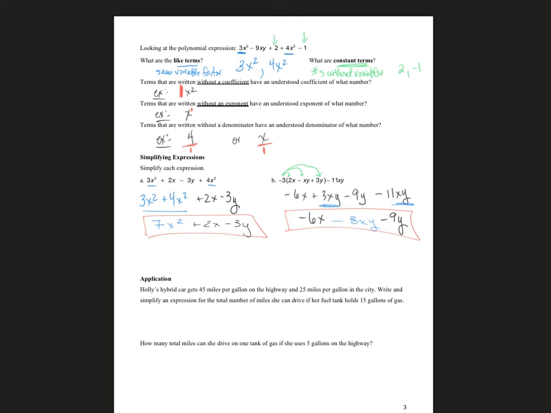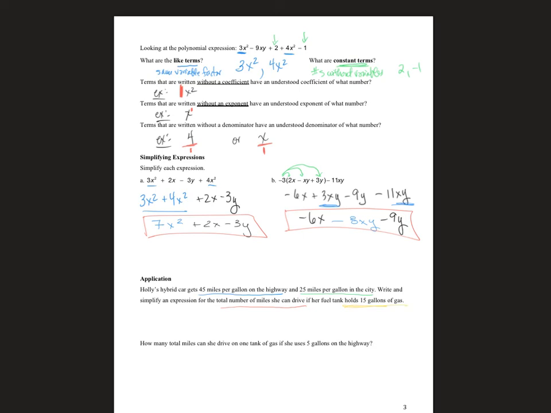Holly's hybrid car gets 45 miles per gallon on the highway and 25 miles per gallon in the city. You are being asked to write and simplify an expression for the total number of miles she can drive if her fuel tank holds 15 gallons of gas.